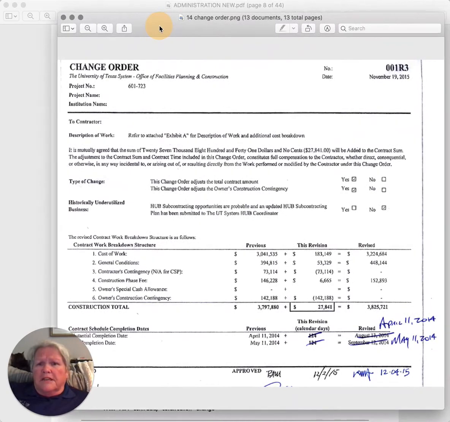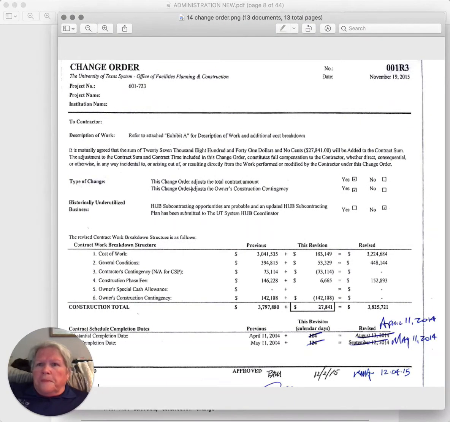So here's a sample of a change order, and this is on one of the state jobs that I worked on. You can see it's got areas here for how they want to know specifically what is the cost of work, general conditions, contingencies, the fee, how it changes from one change order to the next.